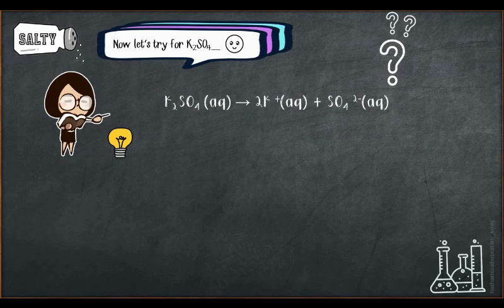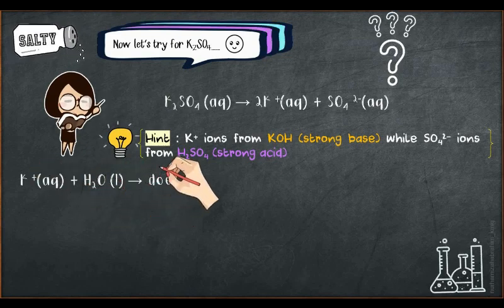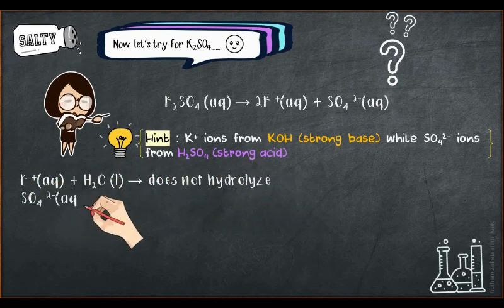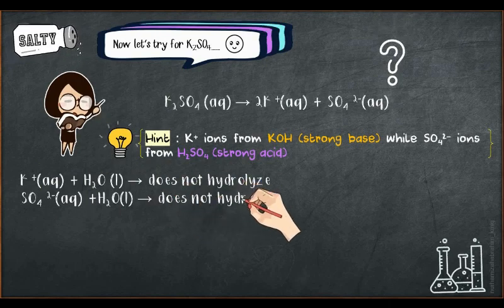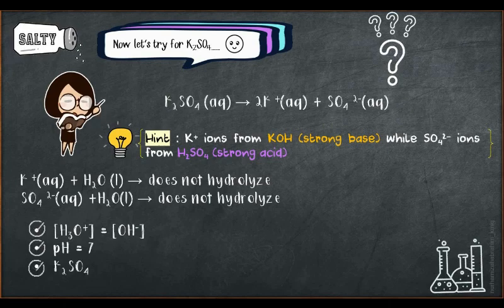Some hint, K+ ions is from potassium hydroxide, which is a strong base, while SO4 2- ions is from sulfuric acid, which is a strong acid. Therefore, both ions do not hydrolyze with water, as both are conjugates of strong acid and base. Both concentrations of hydronium ion and hydroxide ion are still the same, which results in the pH being 7. Hence, potassium sulfate is a neutral salt.